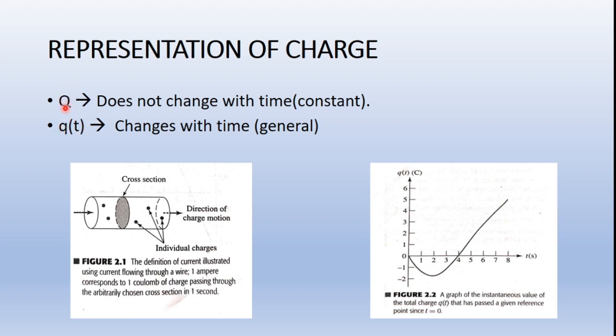I hope these two parameters are clear to you. So capital Q, or sometimes small q, represents a constant charge that does not change with time, whereas Q of t represents charges that vary with time. This is the most general case because a charge mostly won't remain constant. It will always be changing with respect to time.